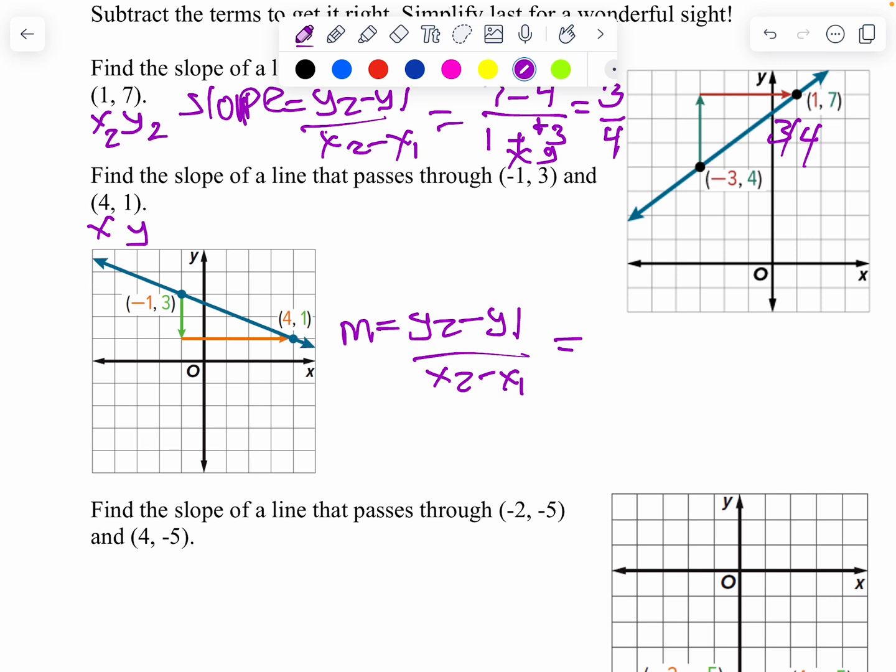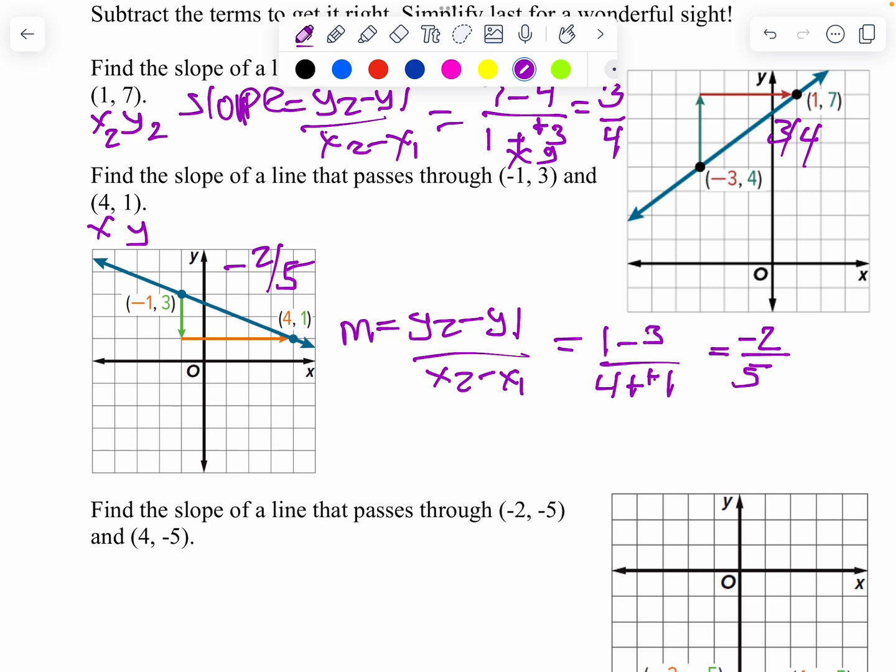Say 1 minus 3 all over 4 minus a negative 1. 1 minus 3 is negative 2. 4 plus 1 is 5. So the slope of this line is negative 2/5.